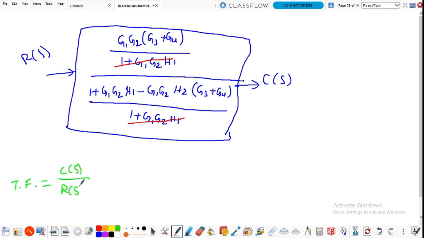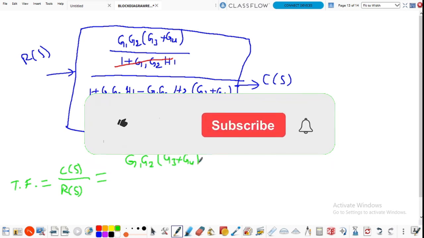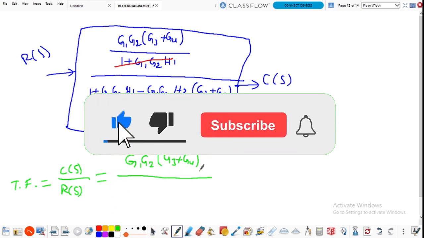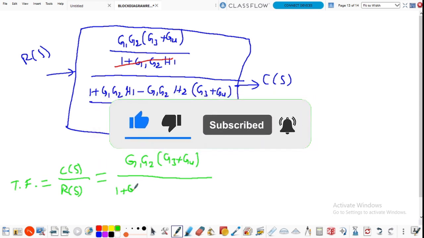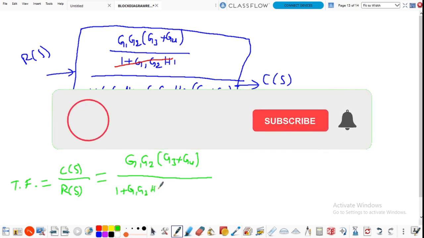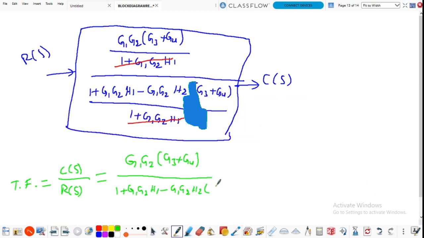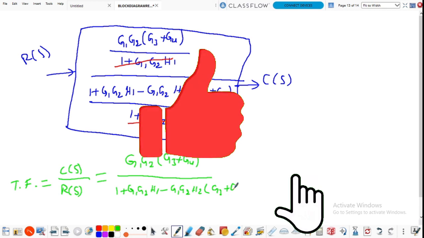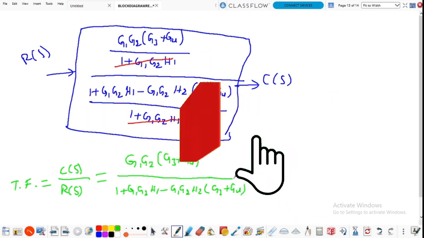R of S. Transfer function C of S by R of S is equal to G1 G2 into G3 plus G4 by 1 plus G1 G2 H1 minus G1 G2 H2 into G3 plus G4.